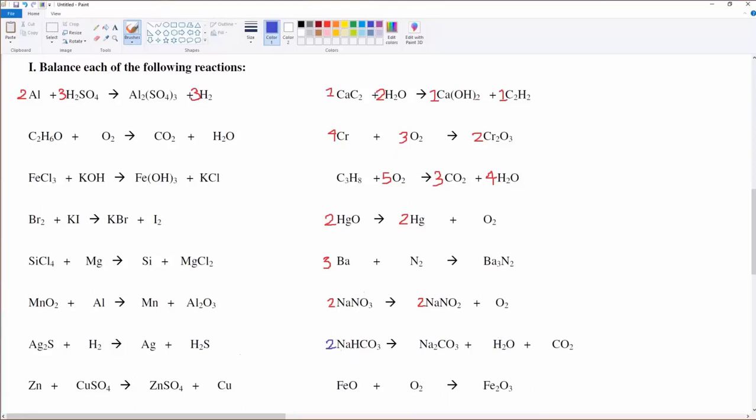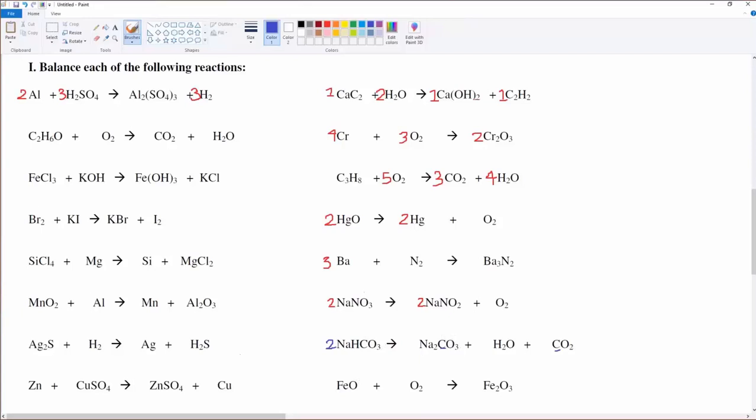I have two hydrogens. I've got two carbons here. I have one carbon in the Na2CO3 and one carbon in the CO2. And then two NaHCO3s, that's 6 oxygens, right? And I've got 3 here on the sodium carbonate. I have 1 in the water and 2 more on the carbon dioxide. It's a thing of beauty. It looked so hard and then it just worked. It was awesome. Well, that's not bad.